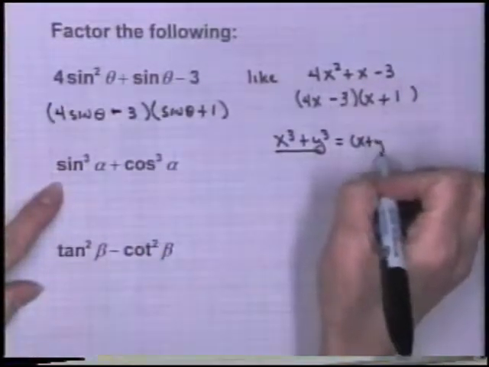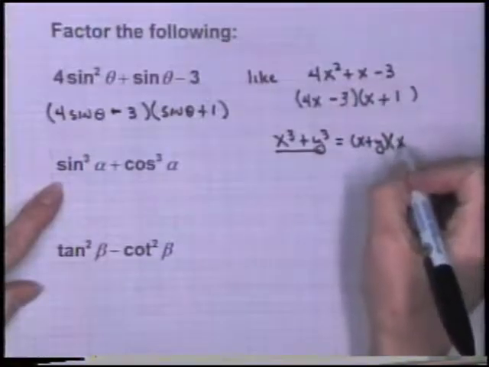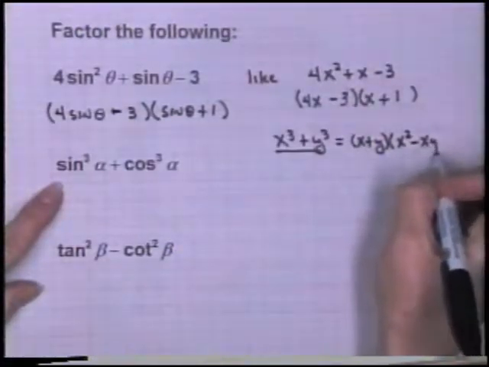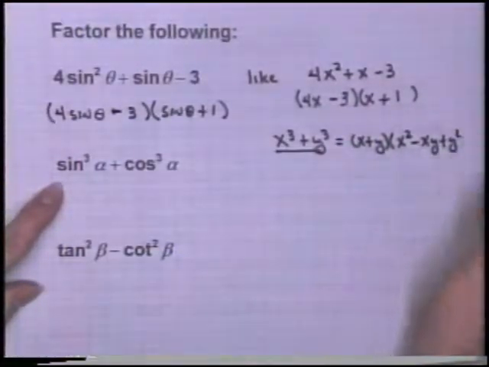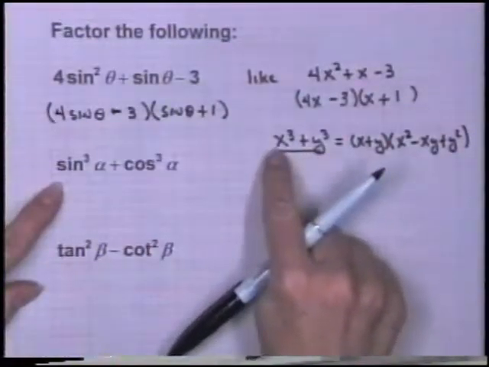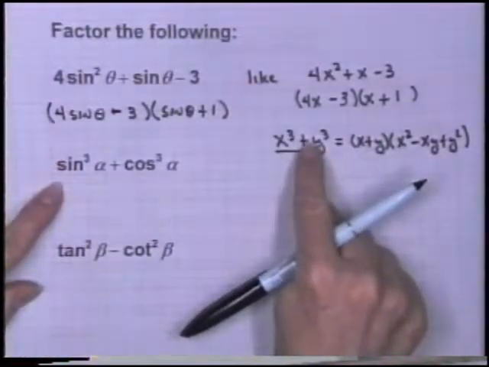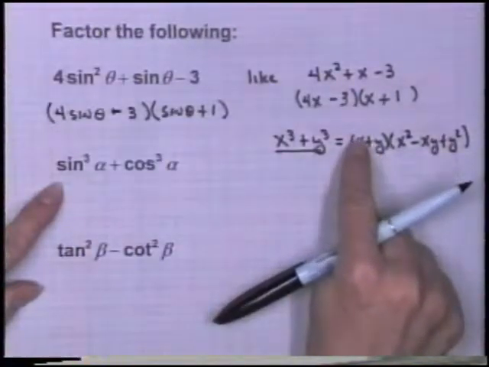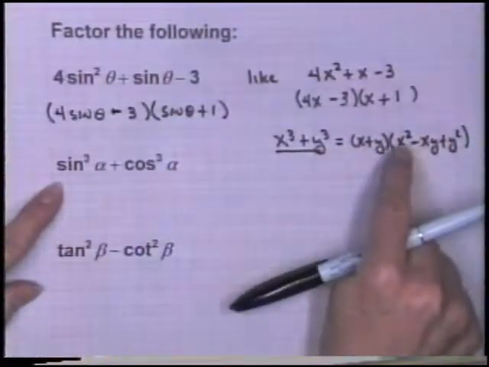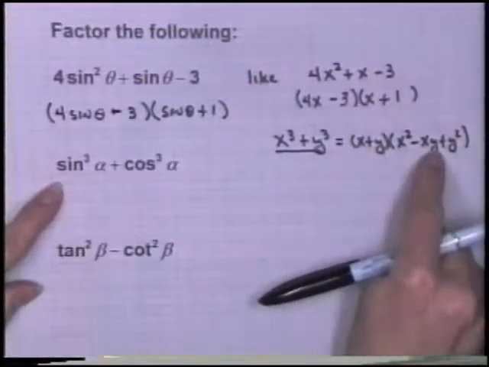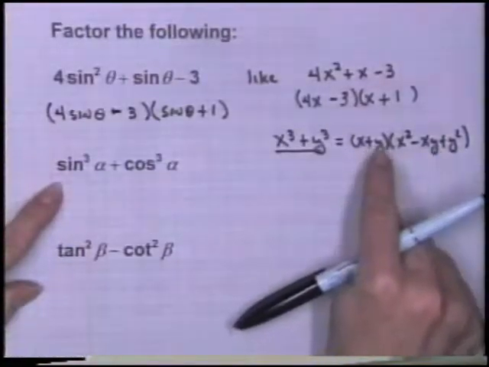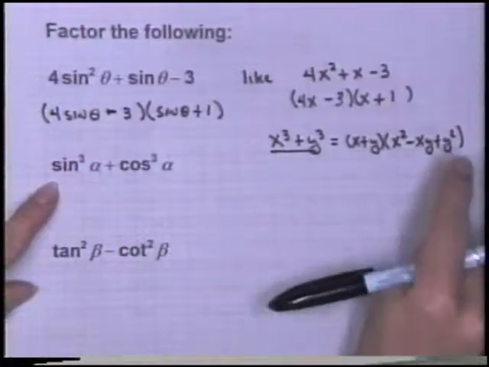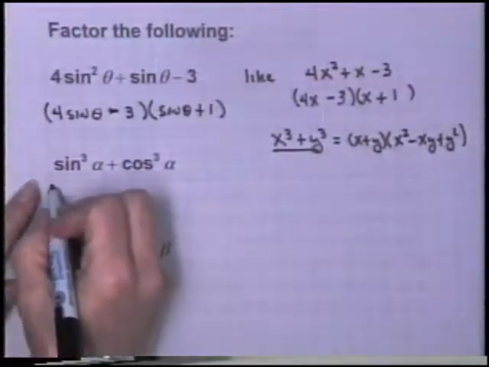This will factor into x plus y times x squared minus xy plus y squared. The process is you take the cube roots of these terms, same sign as what's between them, and then you work from your factor here. Square what you wrote down, opposite sign to this one, multiply these two, notice here there's no doubling, and then square the last one. So we're going to apply that here.